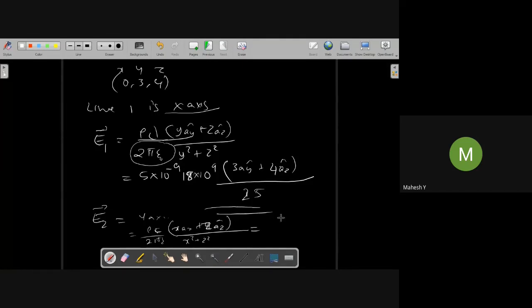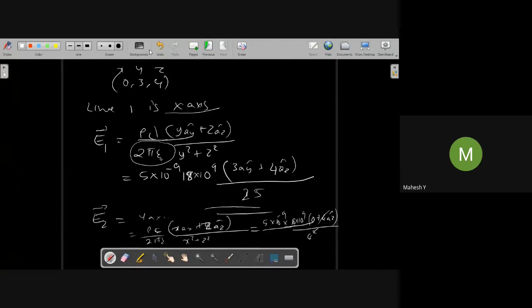That is why you have 5 into 10 raised to minus 9 into 18 into 10 raised to 9, x ax cap, x is 0, so 0 plus z az cap is 4 az cap divided by 0 square plus 4 square. Okay, so 4 will cancel, so simplify this expression.